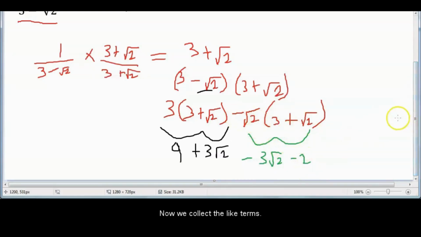Now we collect the like terms. I'm going to have 9 minus 2 plus 3 root 2 minus 3 root 2.